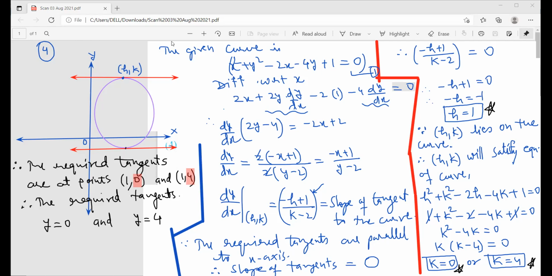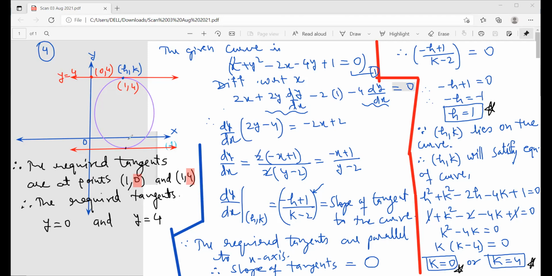You understand? So this point, if suppose it is 1 comma 4, so you have the y coordinate of this point as 4. So if y coordinate is 4 here, definitely this point will also have y coordinate 4. Now you understand, equation of this line will be y equals to 4. Now here, as I said, this is not a correct diagram.